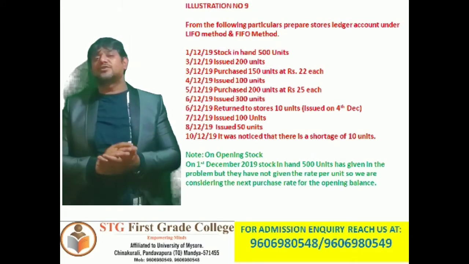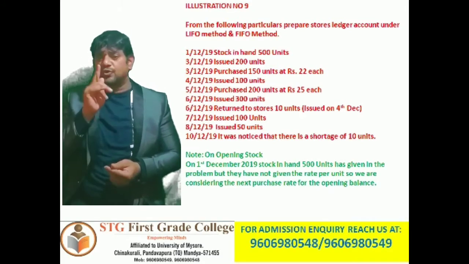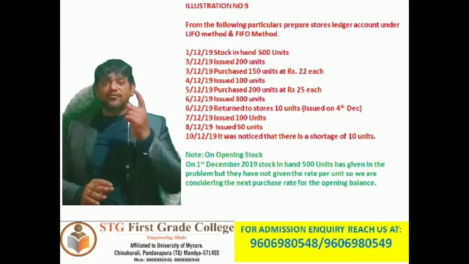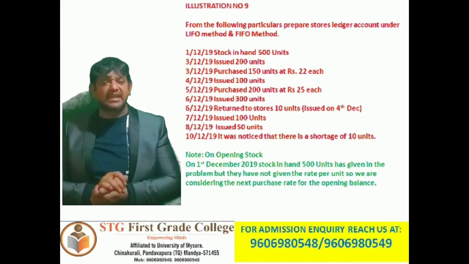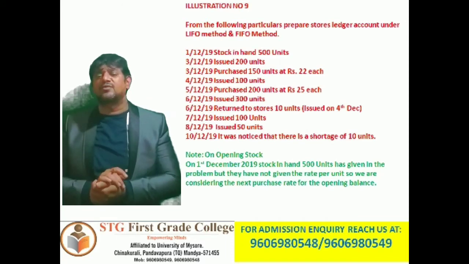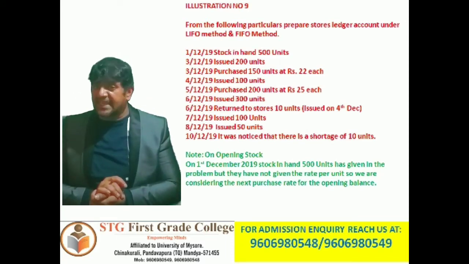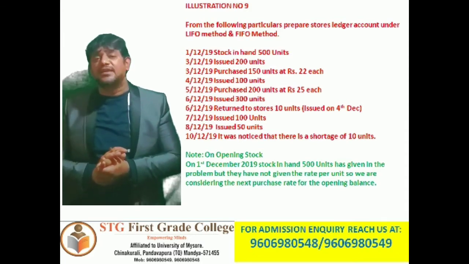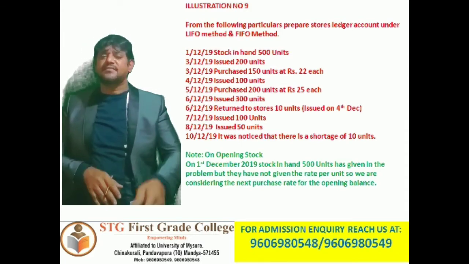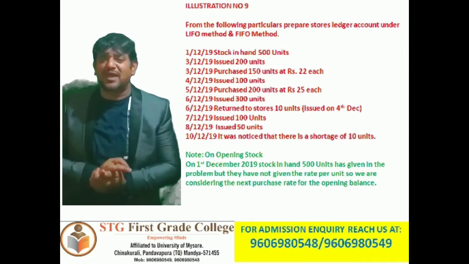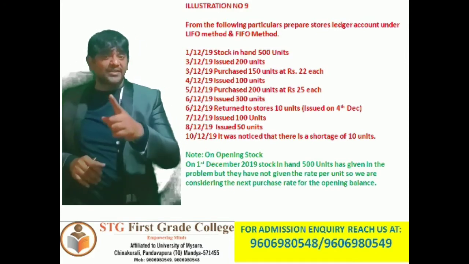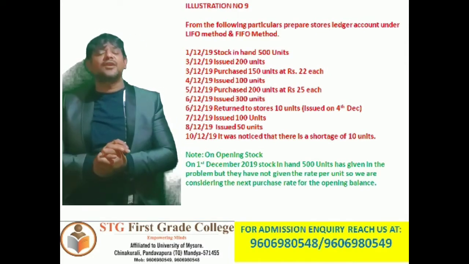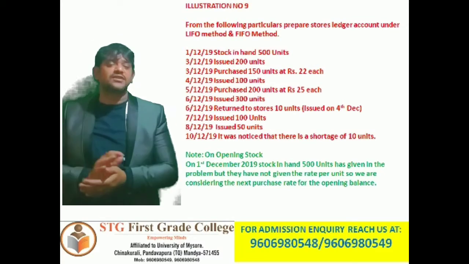On 4/12/2019 issued 100 units. On 5/12/2019 purchased 200 units at ₹25 each. And on 6/12/2019 issued 300 units. Again on 6/12/2019 returned to stores 10 units issued on 4th December.